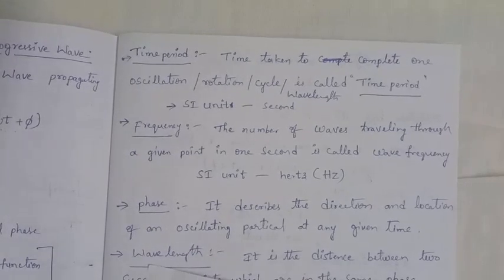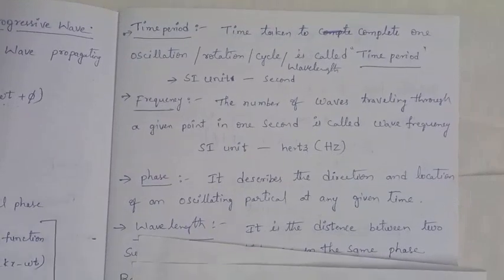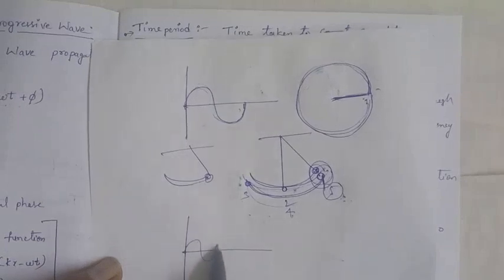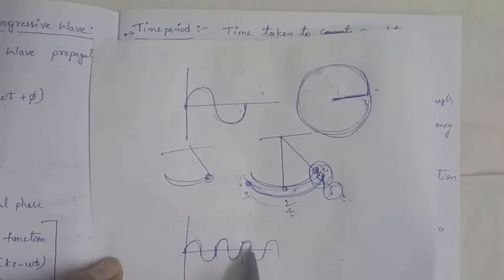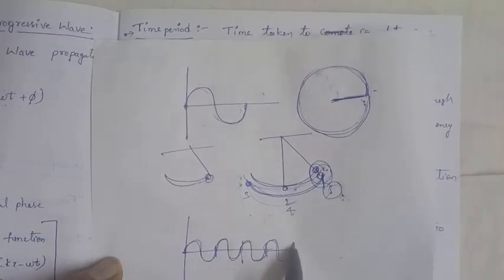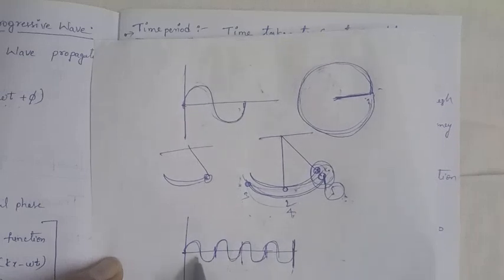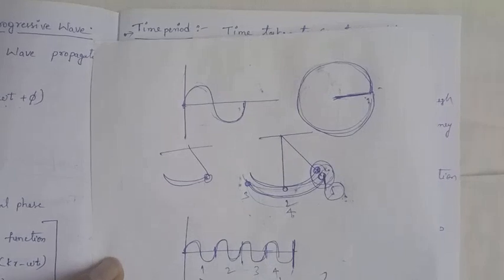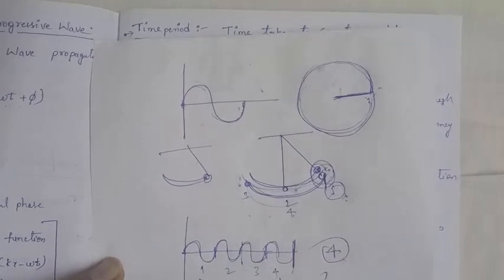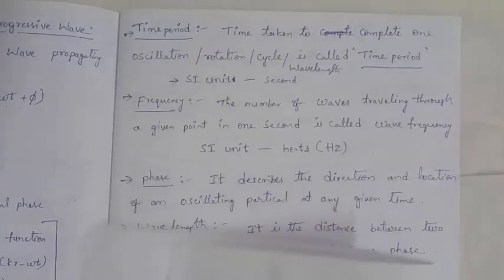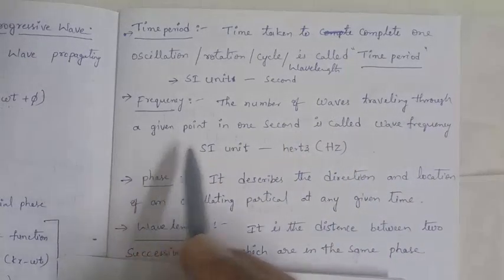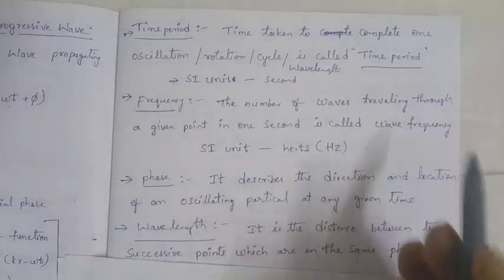And the next one is the frequency. Suppose from here to here is one wavelength, here to here another wavelength, and so on. If 4 wavelengths come out per 1 second, then the frequency is equal to 4. What is the definition of frequency? The number of waves traveling through a given point in 1 second is called wave frequency.